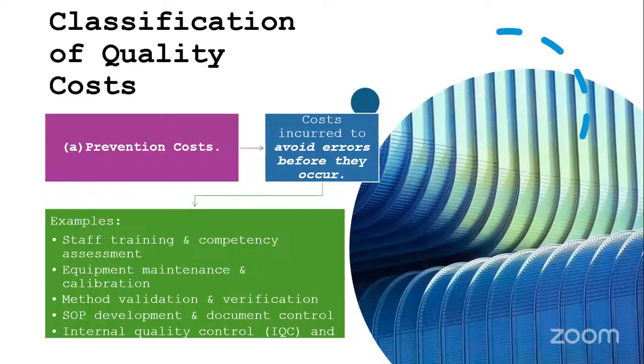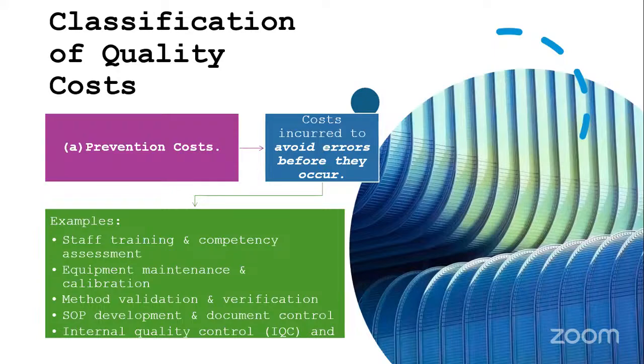Examples: staff training and competency assessment. There's a budget allocated to staff training and competency assessment. That is a cost. There's a budget assigned to equipment maintenance and calibration. That is a cost. There's a cost attached to method validation and verification. It must be factored in. There is a cost attached to SOP development and documentation control. We must acknowledge that cost.